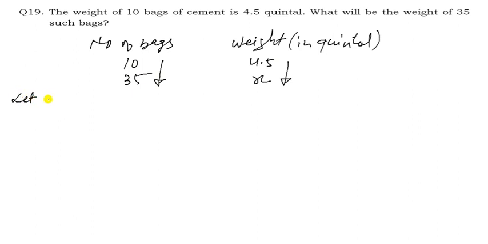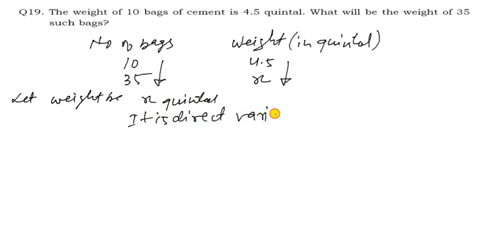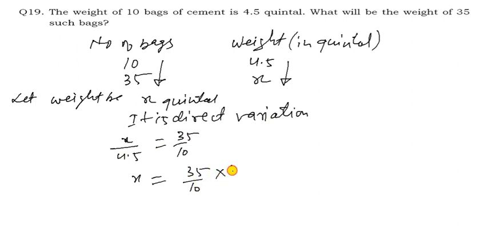So let the weight be x quintal. So you can write here it is direct variation. So now x upon 4.5 is equal to 35 upon 10. So x is equal to 35 upon 10 into 4.5. So what will happen?